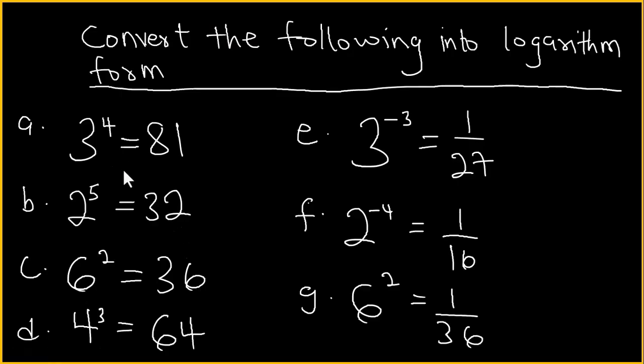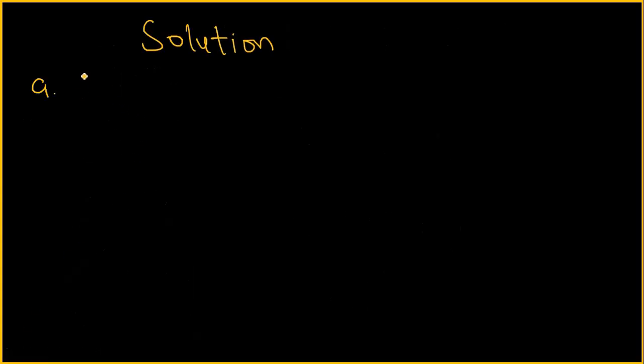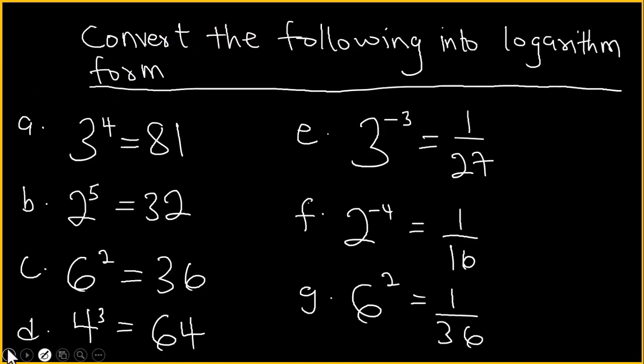Alright, so our first index equation, we have 3 raised to the power 4 equals 81. So writing this in a log form, that will be log of our result. Now let's move back to check our result. 3 to the power 4 is giving us 81. So 81 is our result.